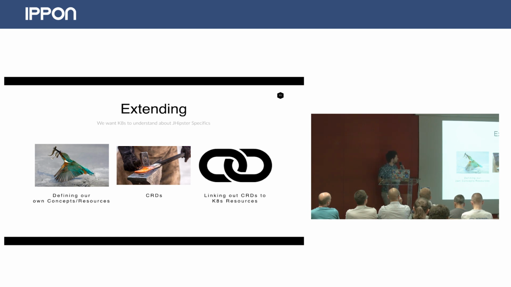Those are called custom resource definitions, or CRDs, which are basically a way to create new concepts, new resources for Kubernetes to use, and extend the Kubernetes API to understand these new things. Finally, when we define our custom resource definitions, we need to write a component that understands our domain-specific concepts and links those concepts against the Kubernetes concepts.